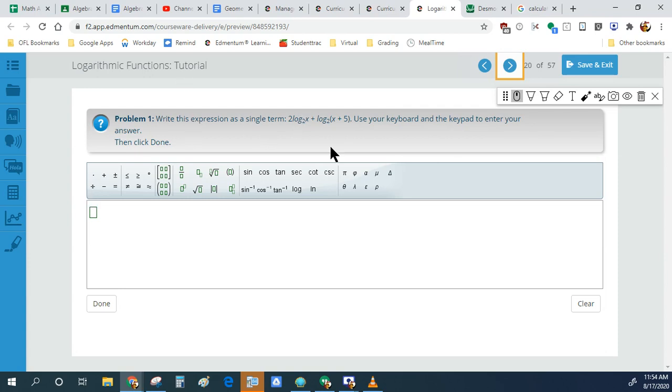So now they want us to write this as a single term. The first thing I notice is I have powers here. So I'm going to use my power rule to move any exponents to the front. So when I'm typing this out, I'm going to write this as log base 2 of x.